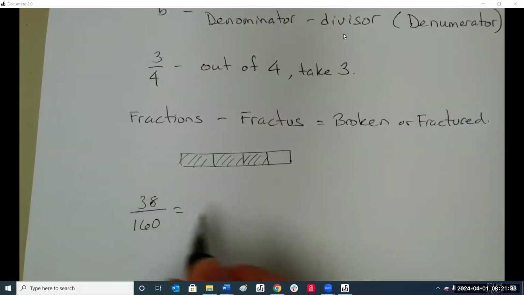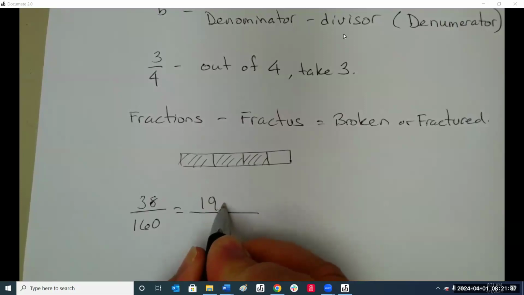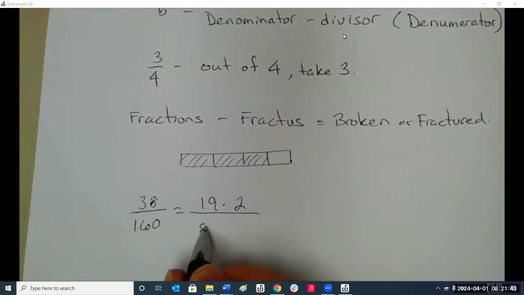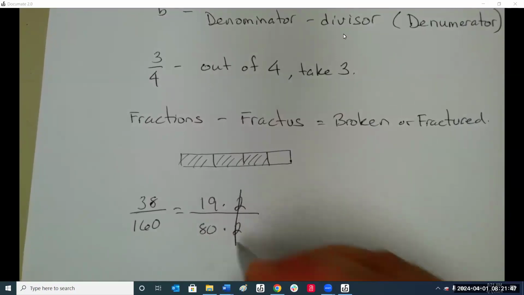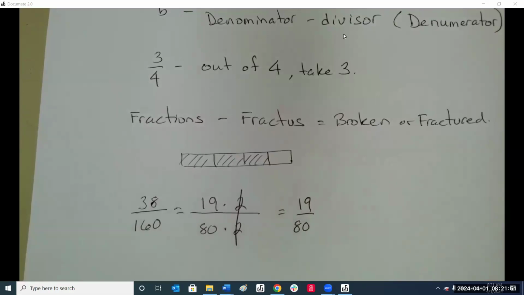Well, what you did is you know that 38 is 19 times 2. How about 160? That's 80 times 2. The 2's cancel. Everything you do has to have a procedure.